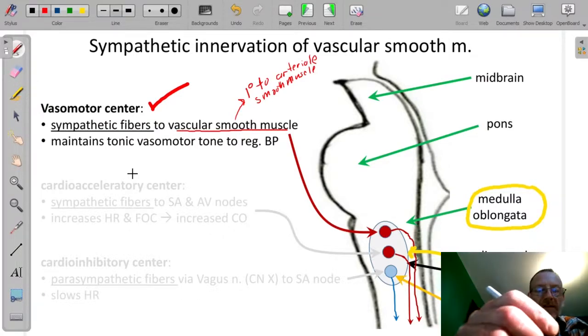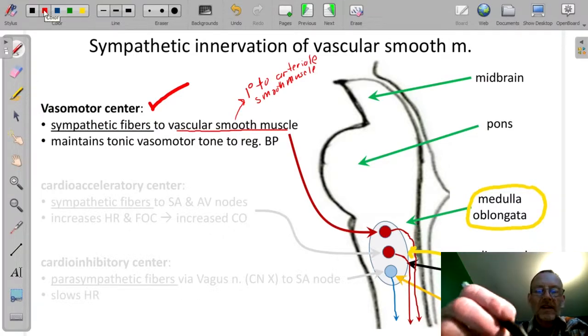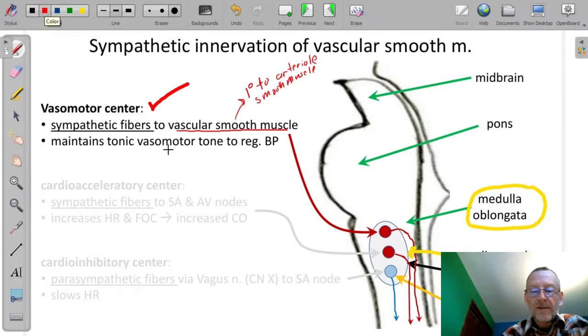So one of the things to keep in mind is that blood vessels are always under some degree of vasoconstriction. And vasomotor tone is just referring to the amount of constriction.